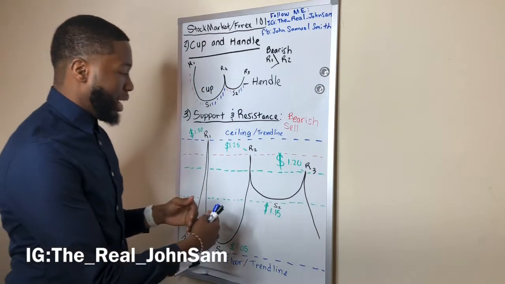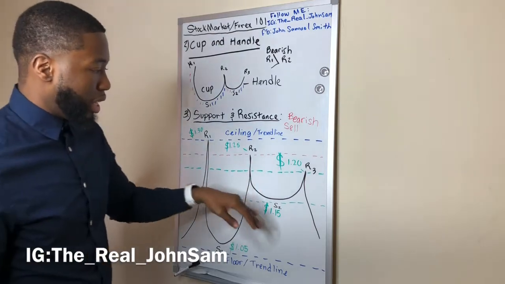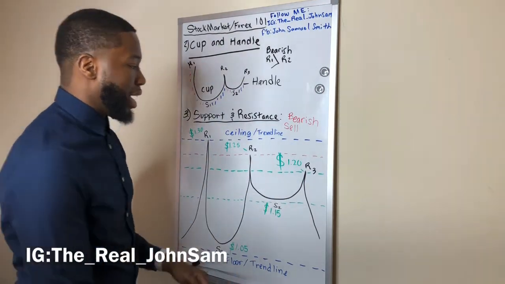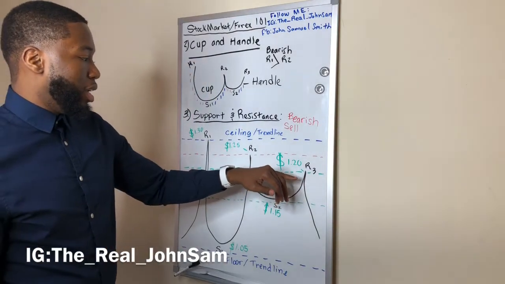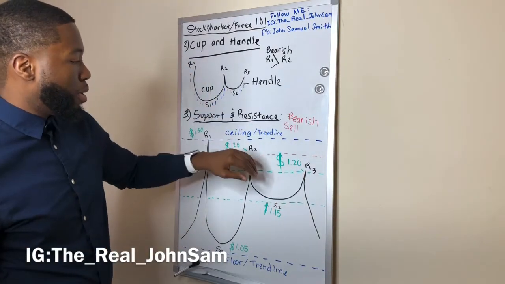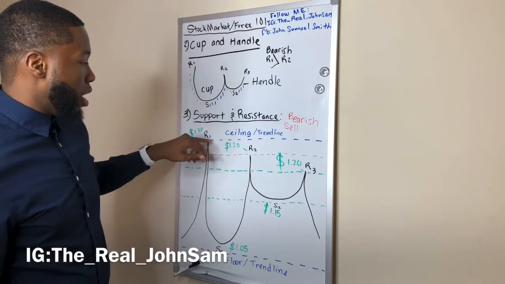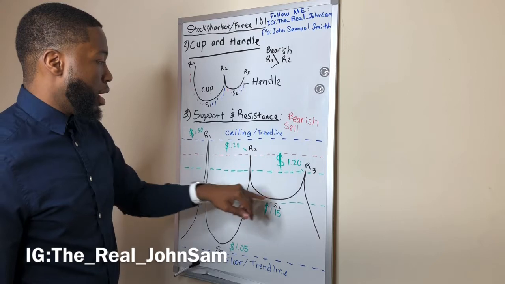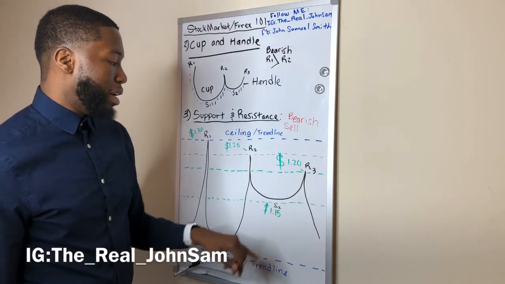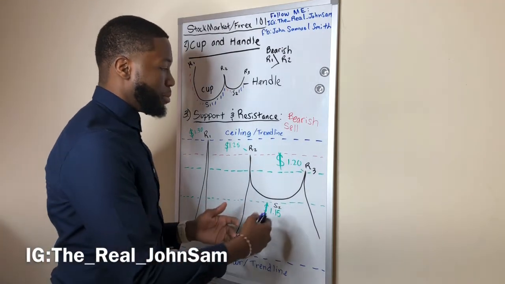So what the cup and handle is showing you is an indication right here of what is going to end up happening with R3. So you have R3, you get that due to R2 and R1. So if R1 is higher than R2, then R3 is going to be bearish. That's how you're going to end up getting your profit.